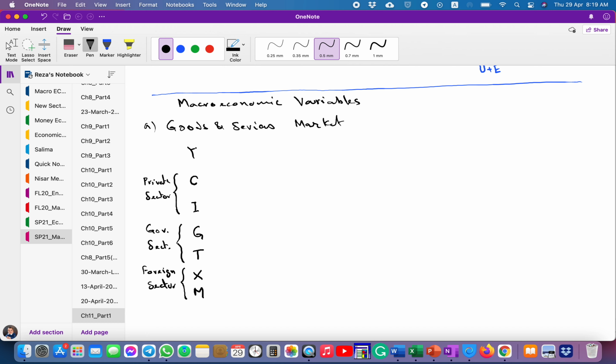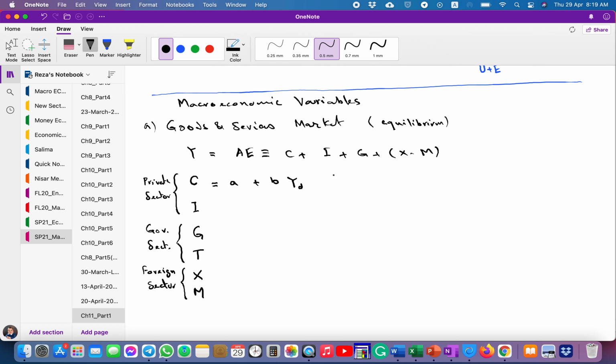So just briefly to summarize, the aggregate output, level of output, if the market is in equilibrium, should be equal to aggregate expenditure, and the aggregate expenditure is C plus I plus G plus X minus M. And for C, we said that Keynes was explaining that A plus B YD.